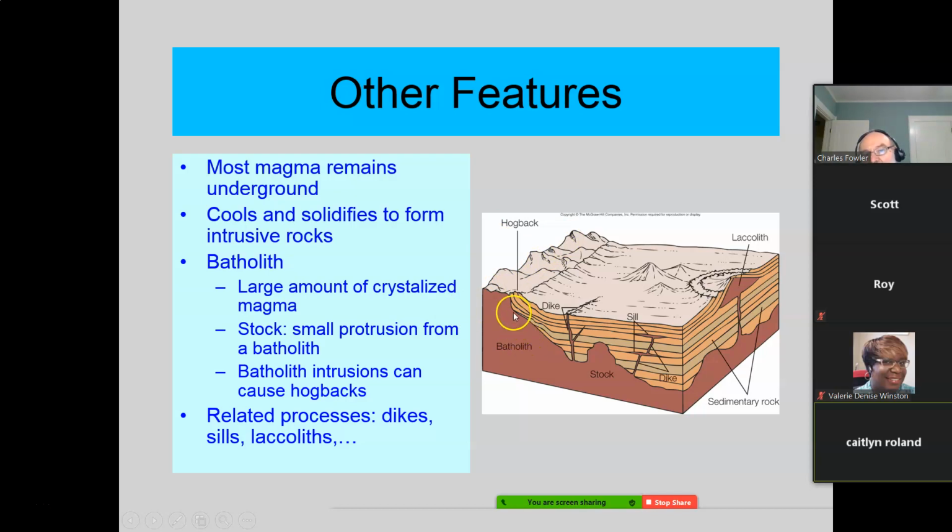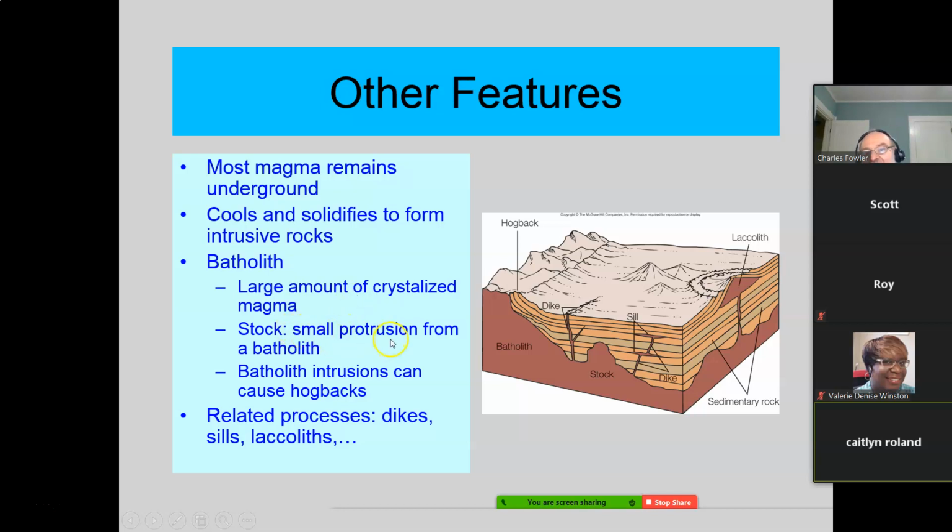It pushed up from underneath, but at the time it pushed up, it didn't break through the surface. This sedimentary rock that was on top was bent, folded, and then later eroded away because sedimentary rocks tend to do so, and they lost the pieces there, and that was the batholith. The big, broad, large amount of crystallized magma, but it's underground.